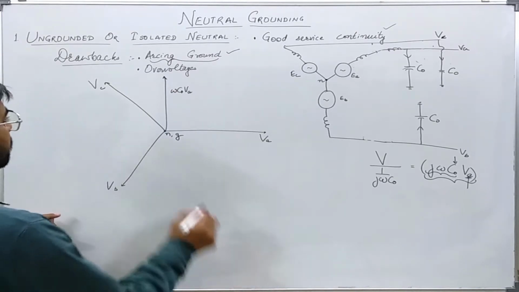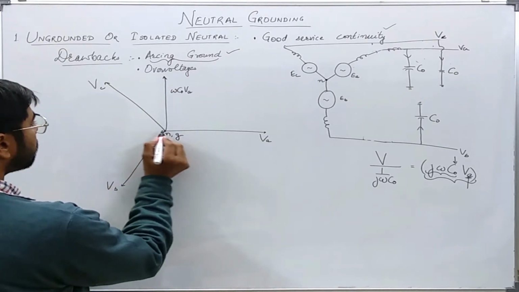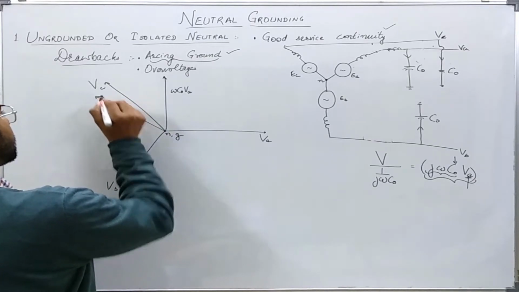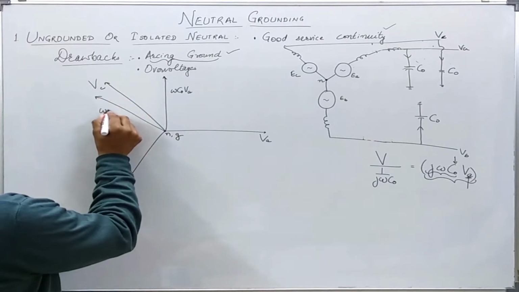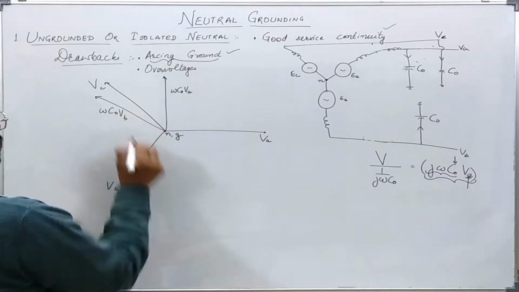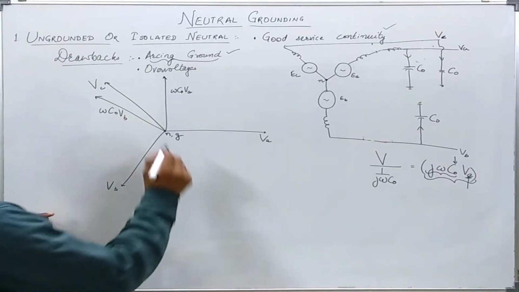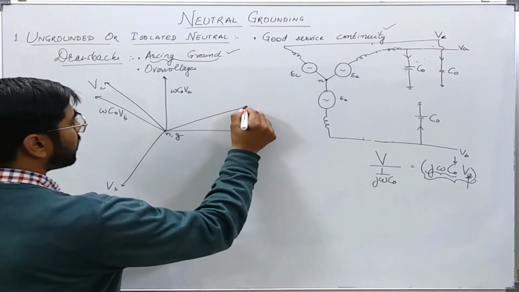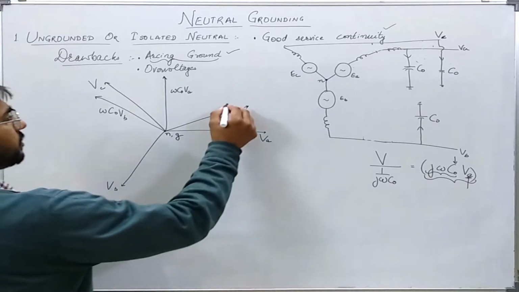For phase B, the capacitive current will be like this. And for phase C, the capacitive current will be like this.